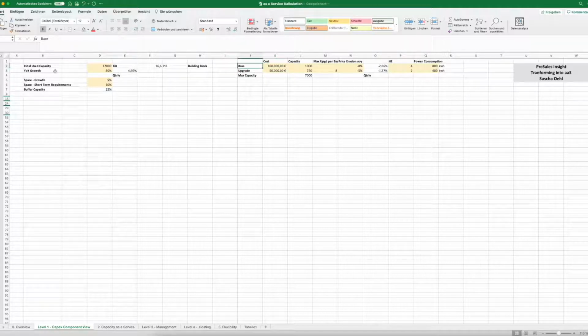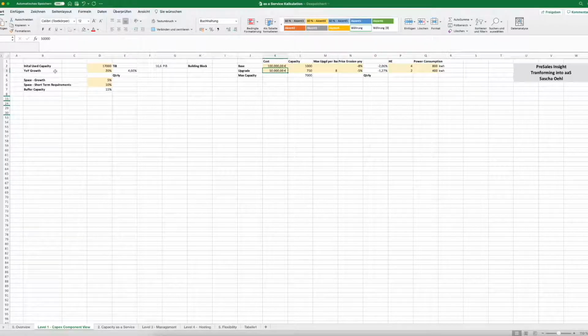On the other side, we've got the building blocks, as we've described before. Our base building block comes with a cost of 100,000 euros, brings us a capacity of 1,000, has a price erosion of minus 8%, which we turn out into a quarterly erosion of 2.06. 4 height units and a power consumption of 800 kilowatts.